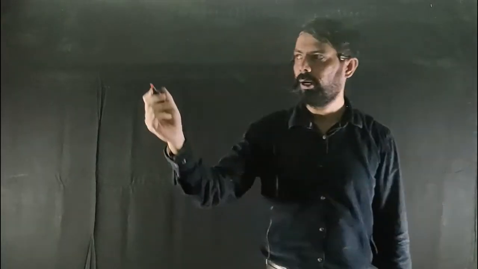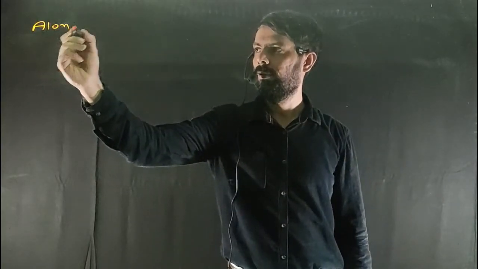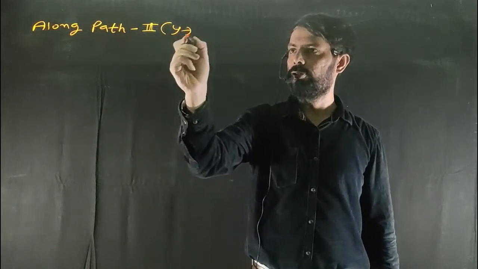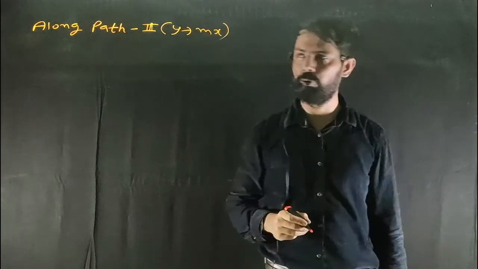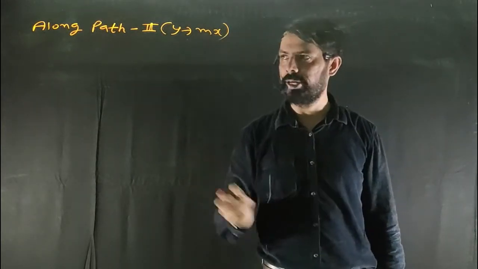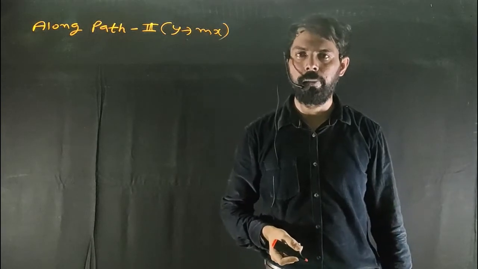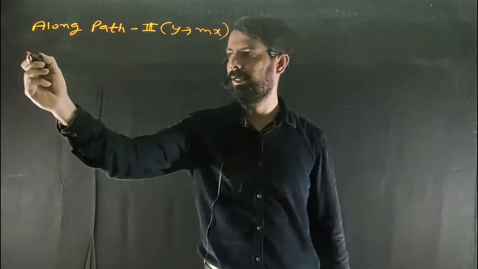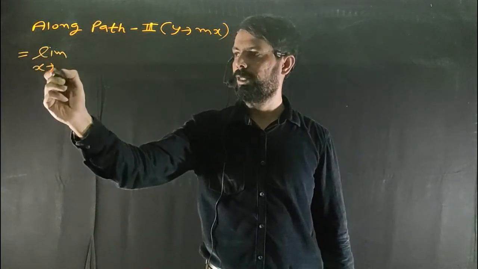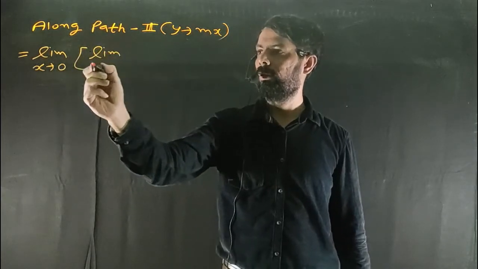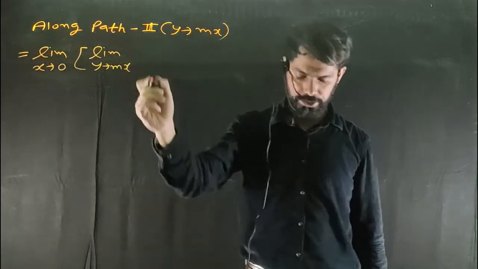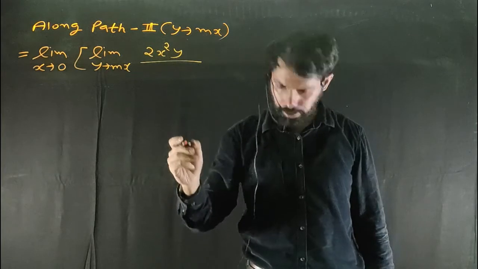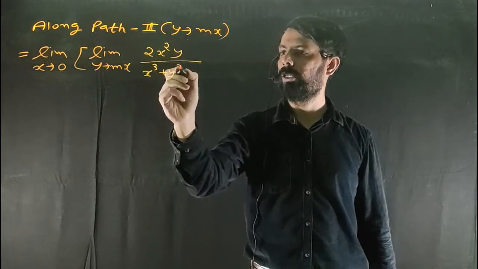Now we will find limit along path 3, that is y tends to mx. Here we will have to find limit along path 3, because in this example limit along path 1 and path 2 is same. So this can be written as limit x tends to 0 in bracket limit y tends to mx, then here function that is 2x square y divided by x cube plus y cube.